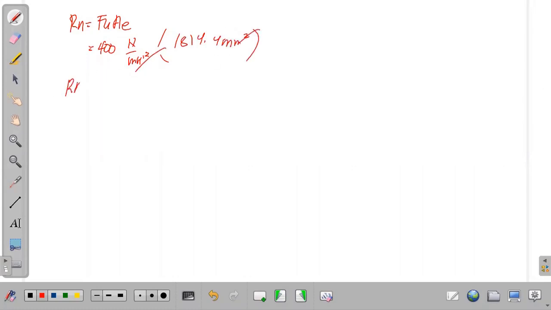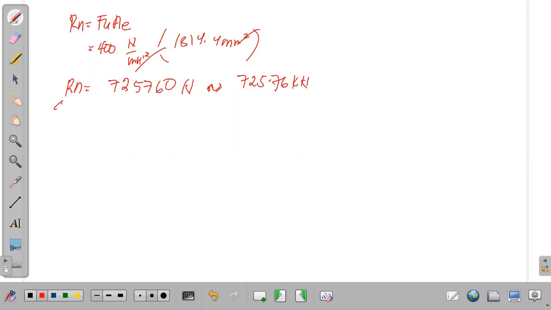So what is our nominal tensile strength against rupture? 725,760, this is in Newton, or you can convert this to kilonewton, 725.76 kilonewton. This is now our nominal tensile strength.